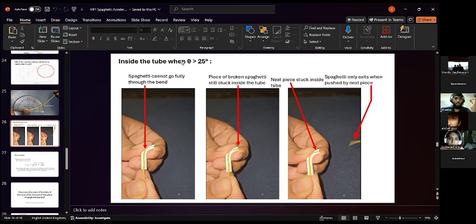But when theta is greater than 25, since the spaghetti can't fully go through the bend, it breaks before it can ever reach the exit part of the tube. So it just collides against the wall and stays inside the tube until the next piece pushes it out. That's why above 25 degrees, the exit velocity is considerably less than you'd expect, because the actual exit velocity is not being measured. What's being measured is when it gets pushed out due to the next piece.